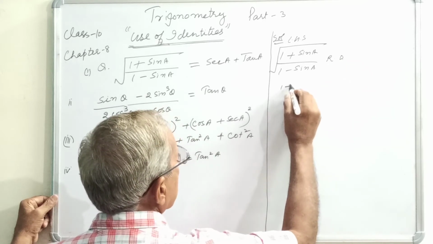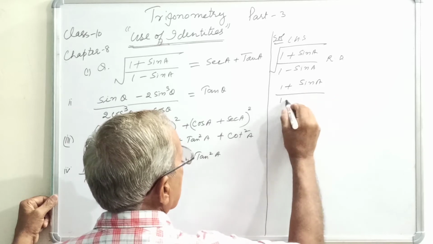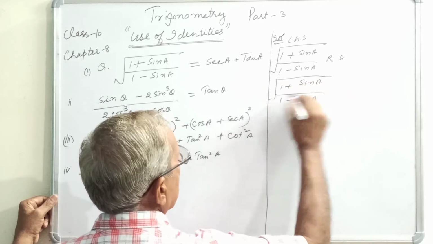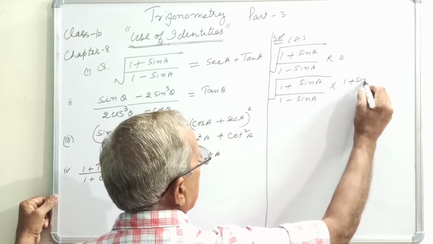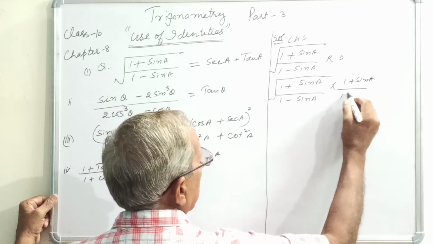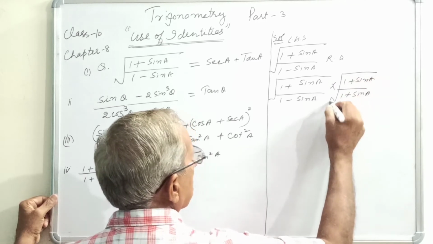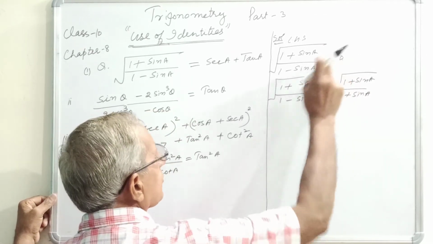So 1 plus sine A upon 1 minus sine A under root, multiply by 1 plus sine A upon 1 plus sine A under root. So we have rationalized the denominator.